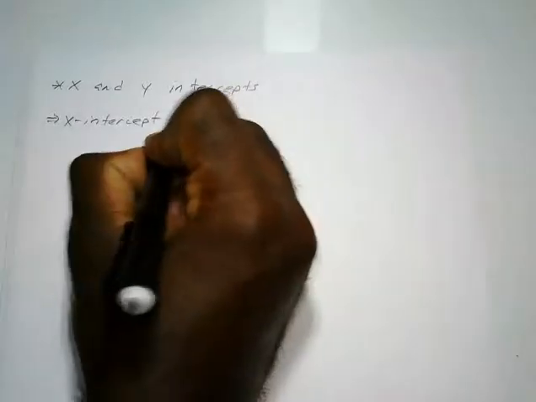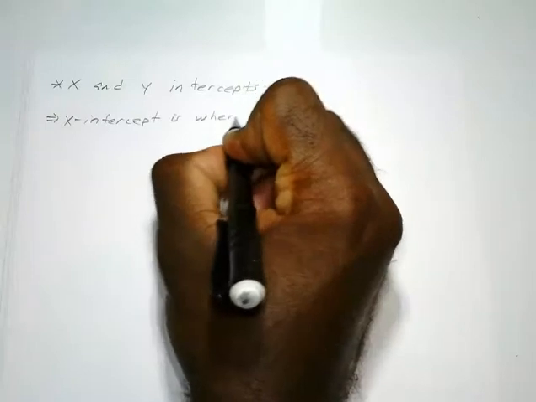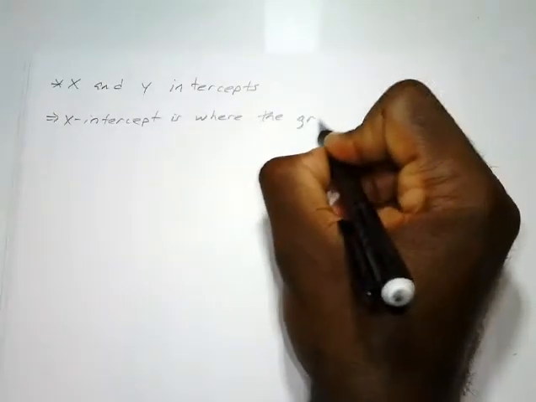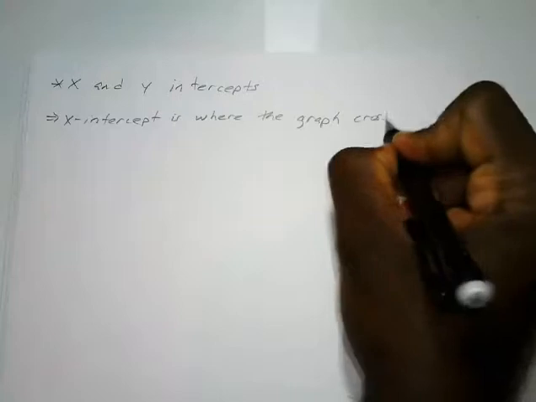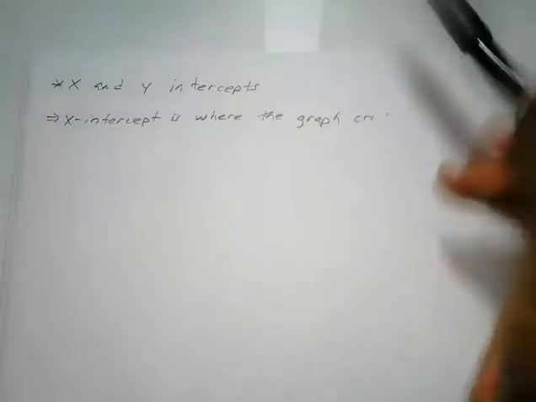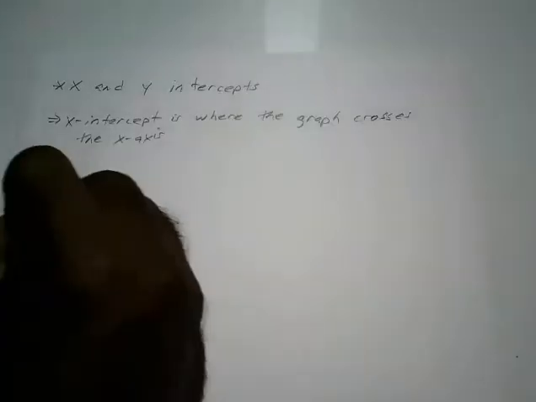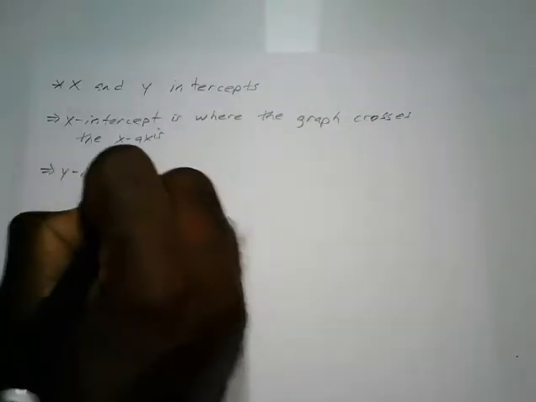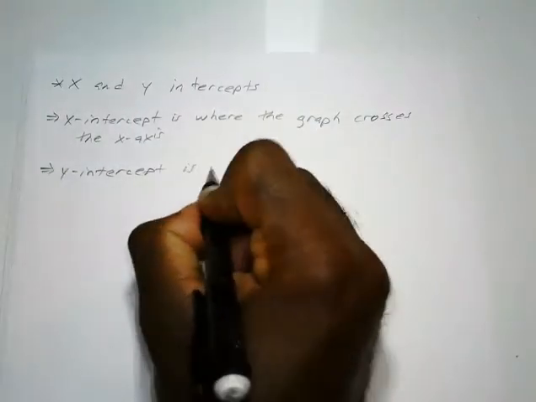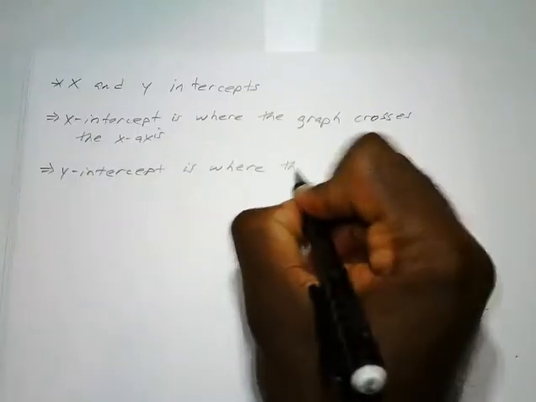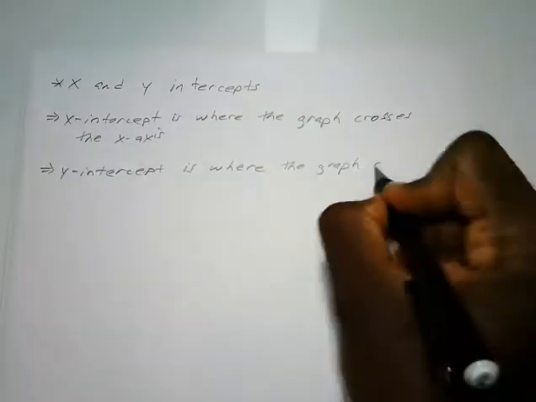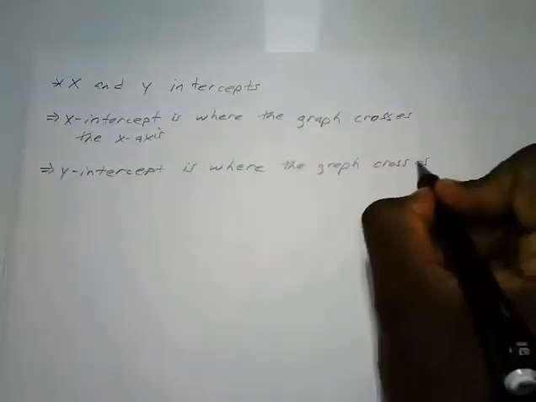So x-intercept is where the graph crosses the x-axis, and the y-intercept is where the graph crosses the y-axis.